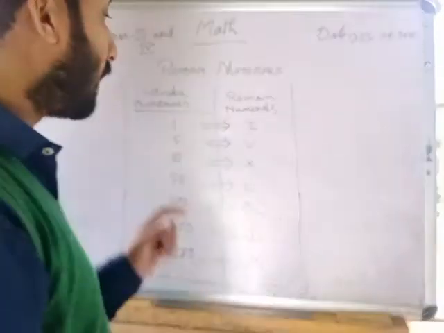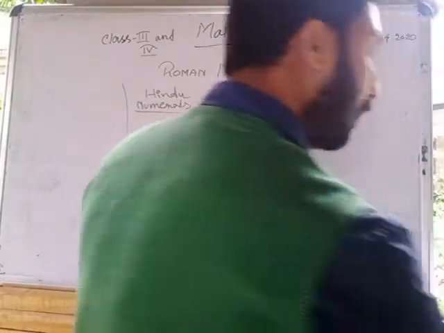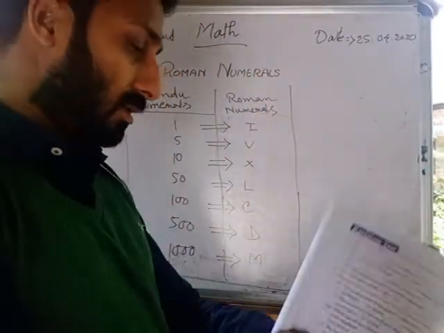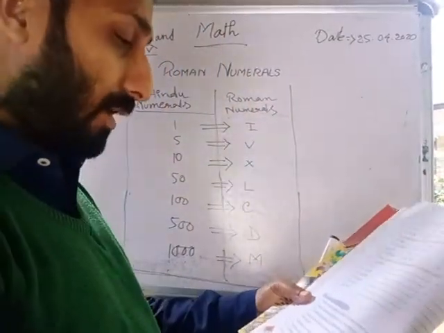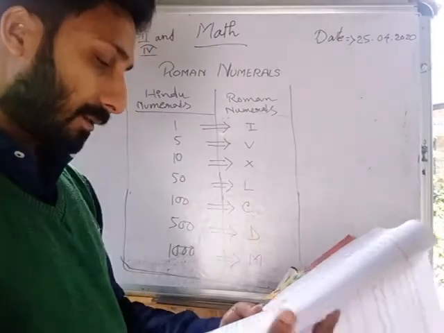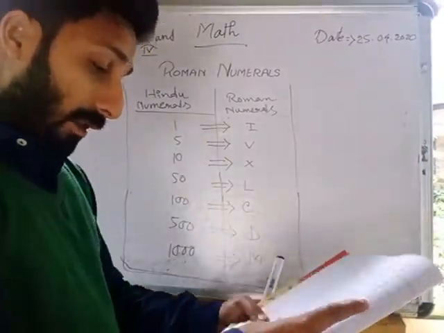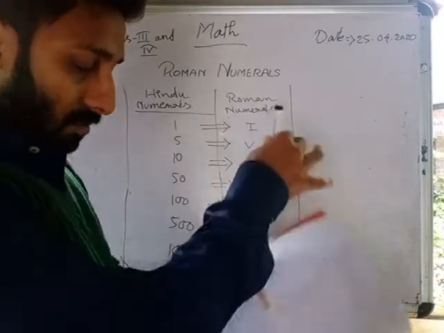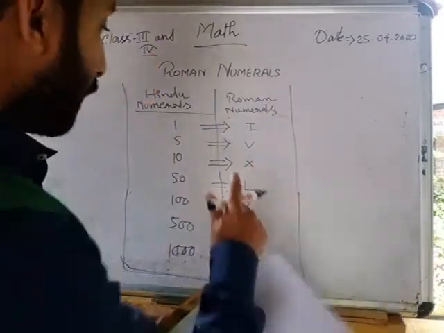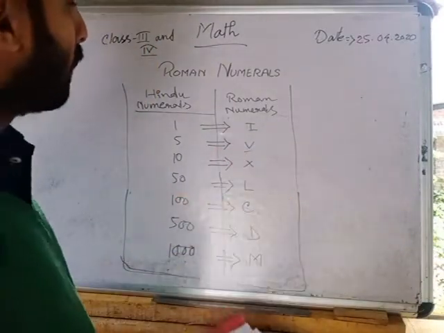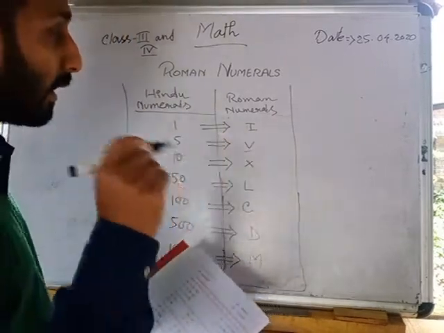There are many rules in forming Roman numerals. First, the numeral V (5) can never be repeated.